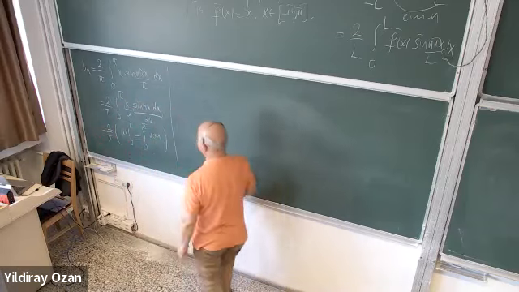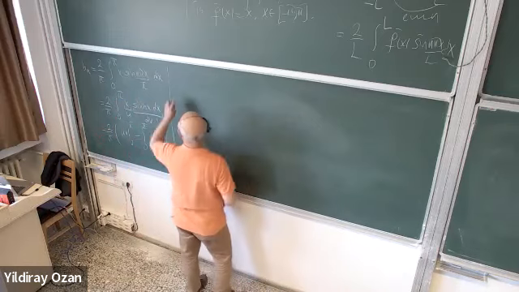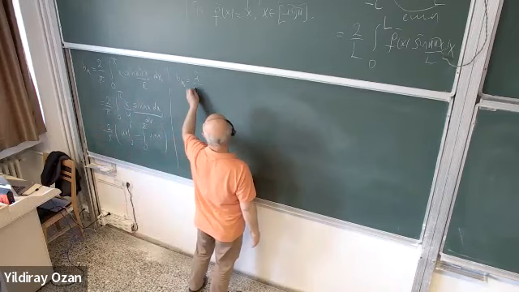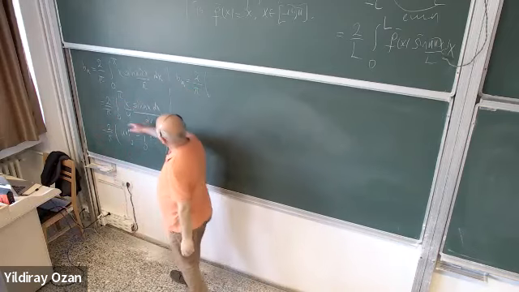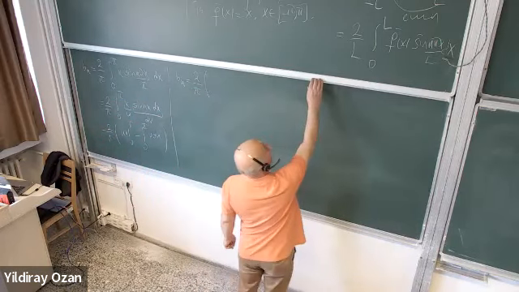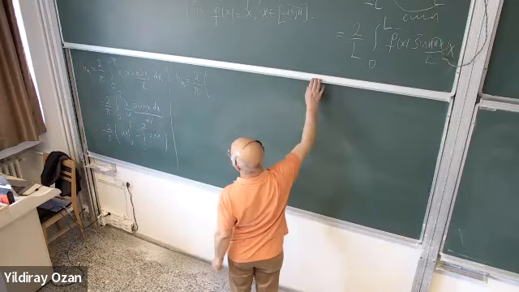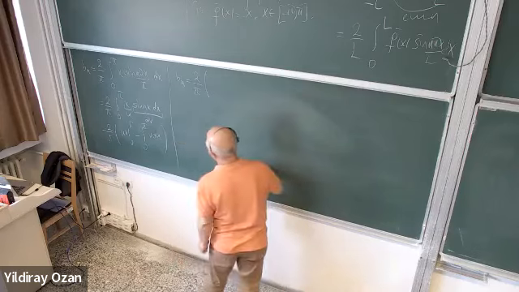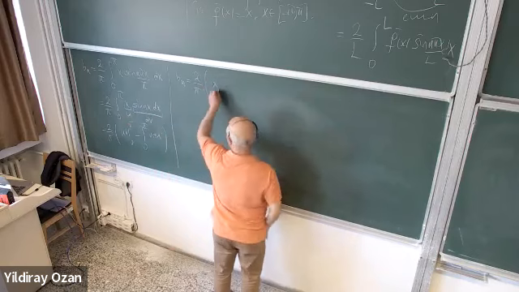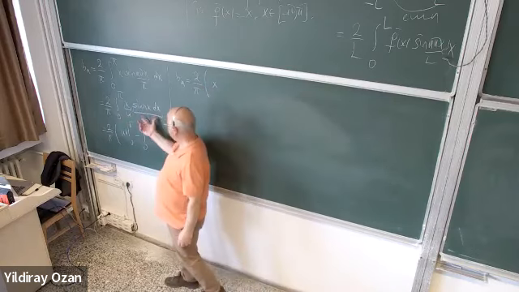So Bn is just 2 over pi. U is x, so it is x times v. This is dv.